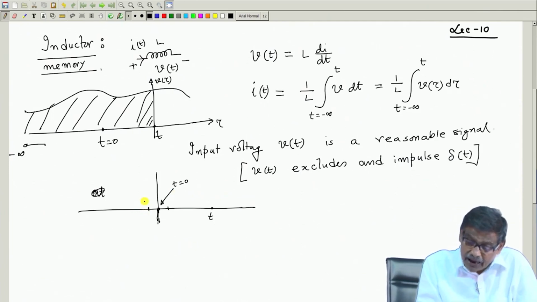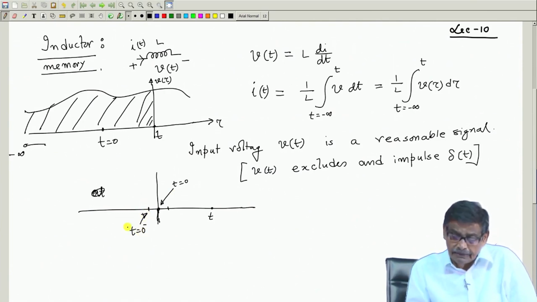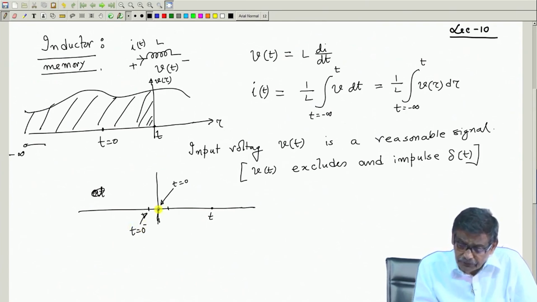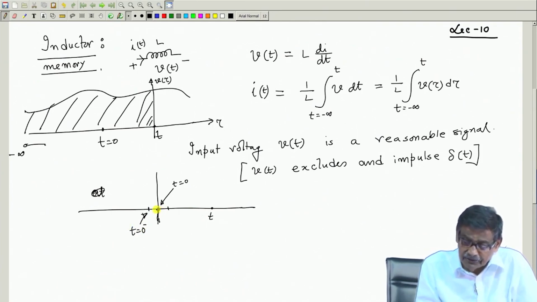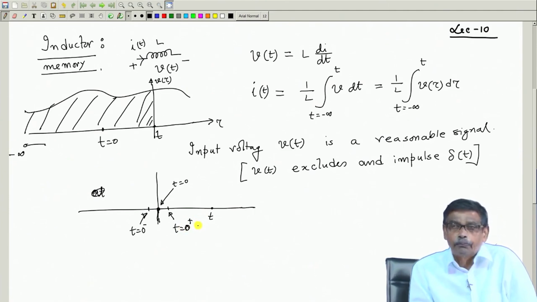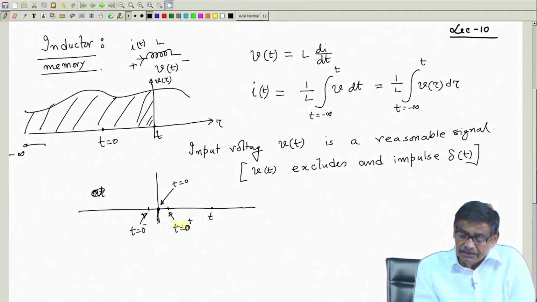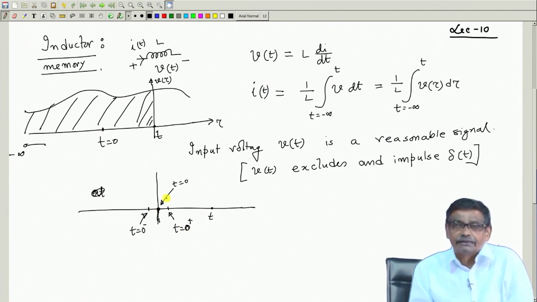So, that time I will denote as t equal to 0 minus, that is very close to 0, but left to t equal to 0. This point is t equal to 0. Similarly, on the right hand side, immediately after t equal to 0, I will denote the time by t equal to 0 plus, meaning it is almost 0, but on the right hand side.